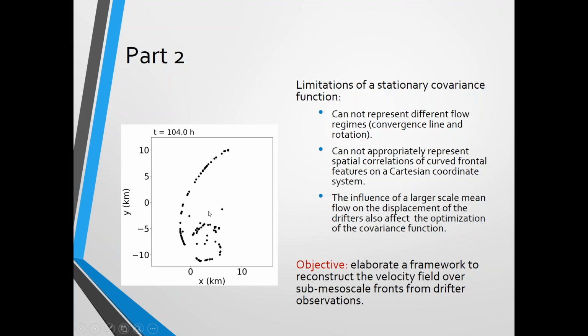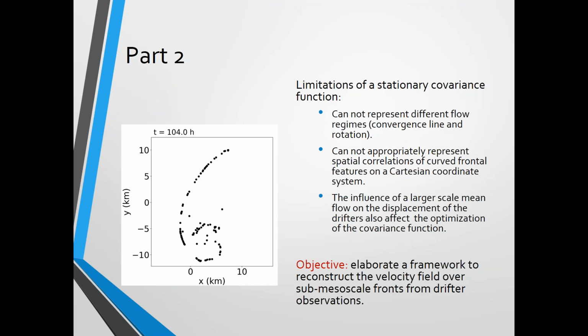And there is also the influence of larger flow fields acting on the drifters. So if you have the whole feature displacing with a mean flow, that's going to induce correlations in the direction of the displacement of the mean flow. And that's going to affect the outcome of the optimization.